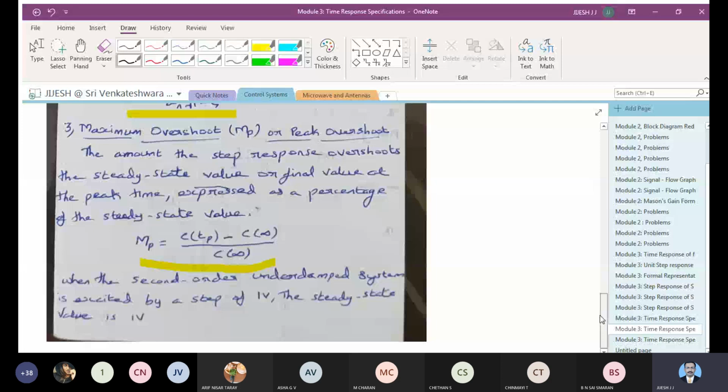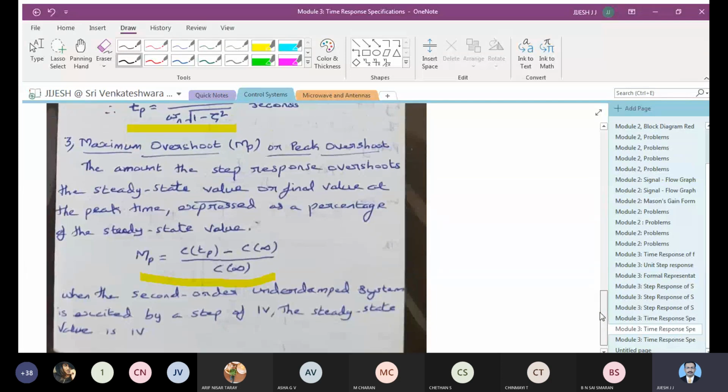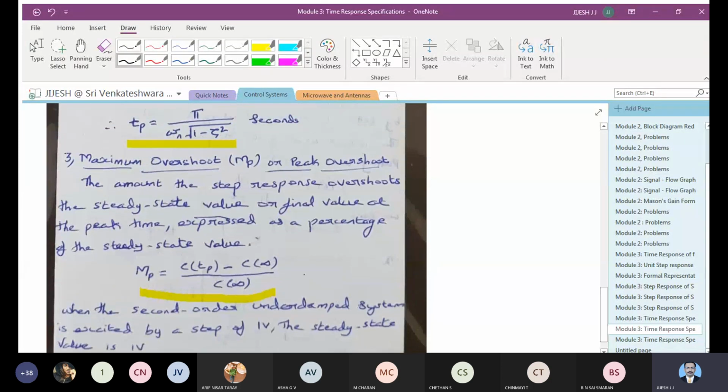You have seen the equation for Tp as well. Now similarly we'll be doing it for Mp. If you have completed, we'll move on further.